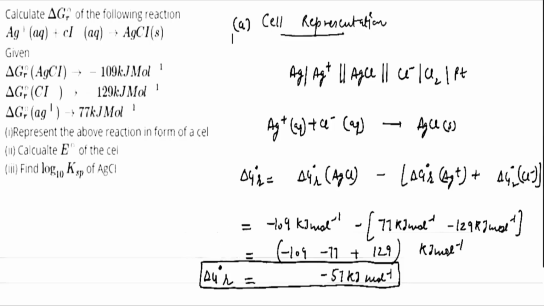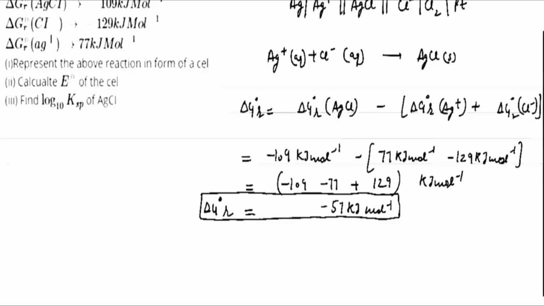Now we have to calculate the E naught of the cell. E naught of the cell is related to delta G naught as delta G naught is equal to minus nF E naught of the cell. Delta G naught we have calculated, that is minus 57 kJ per mole. N is the number of electrons involved.